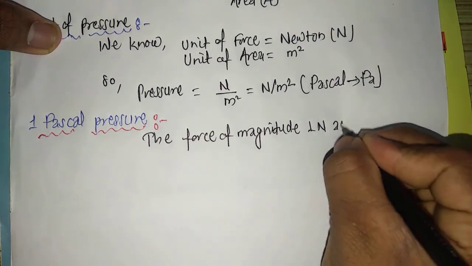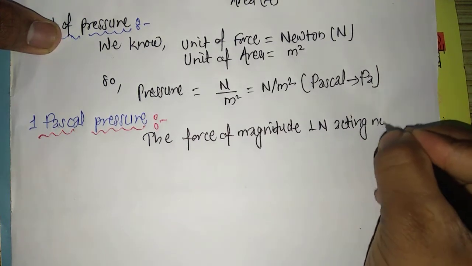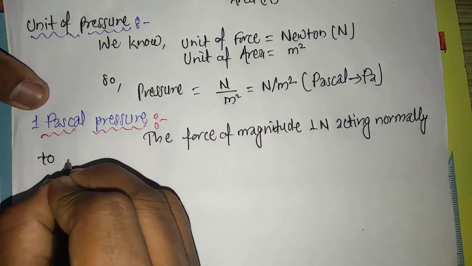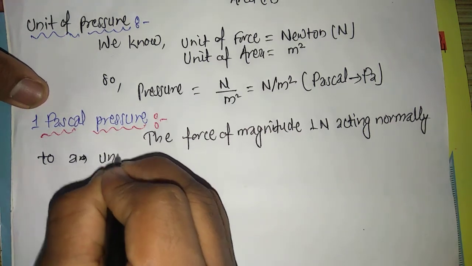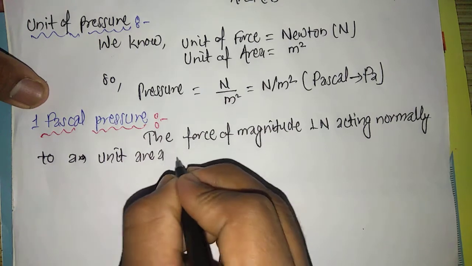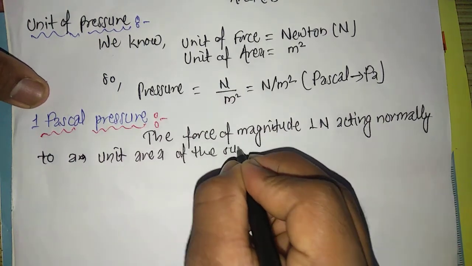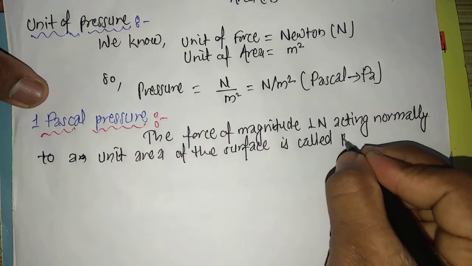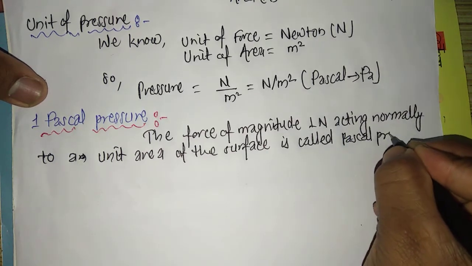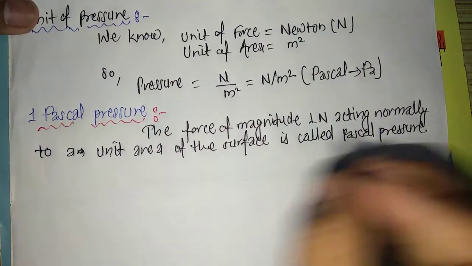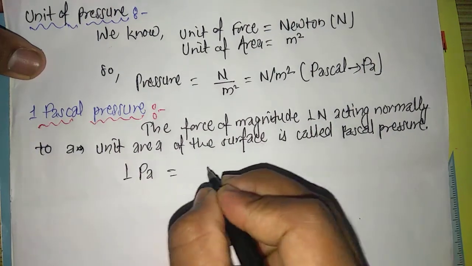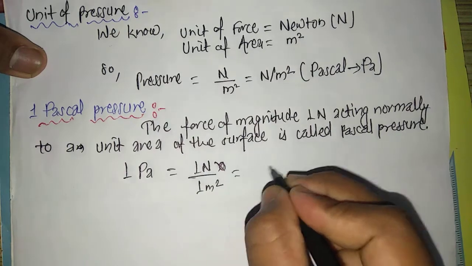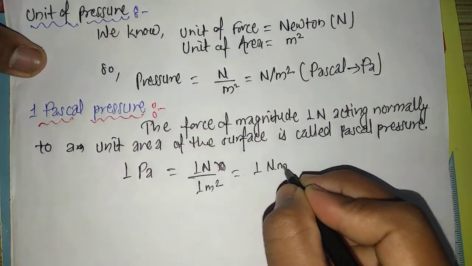That is, 1 Pascal is equal to 1 Newton divided by 1 meter square, that is 1 Newton per meter square.